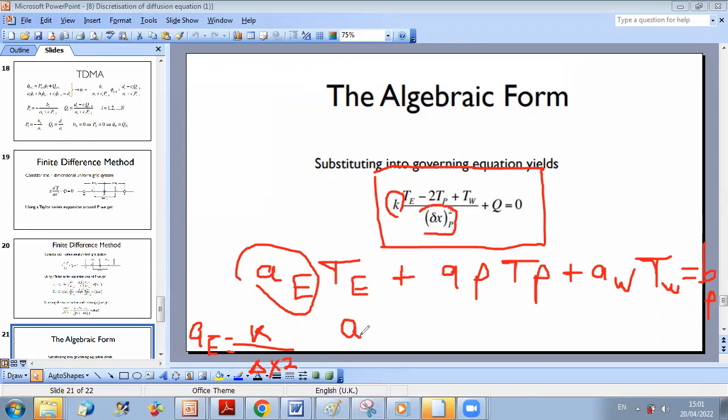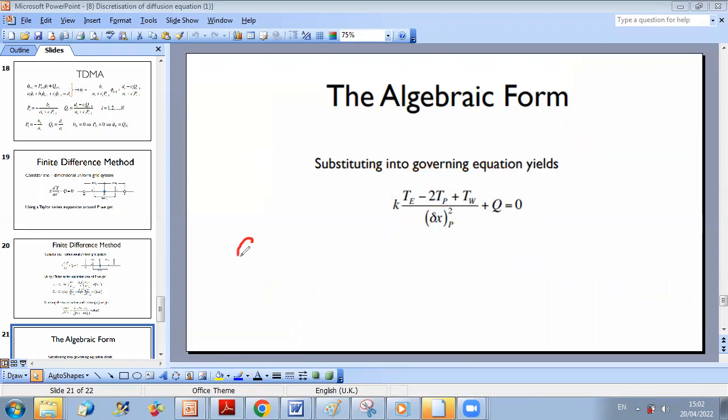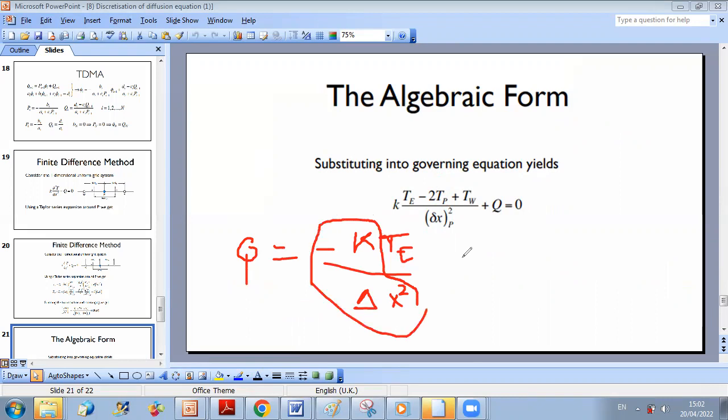In general, if you keep Q to this side and you take these terms to the other side, we usually try to write the equation so that the coefficient AP is positive; we will see why later. So to have AP positive, take the whole terms to the other side and leave Q here. The equation becomes: Q equals minus K TE over delta x square plus 2K TP over delta x square.